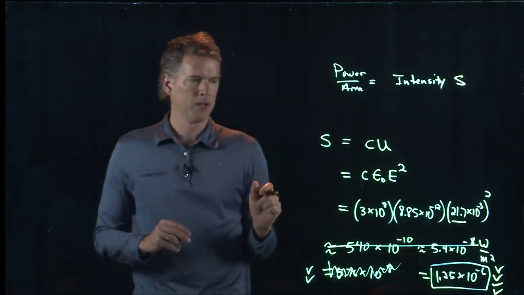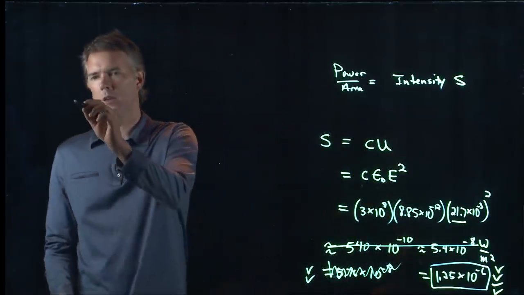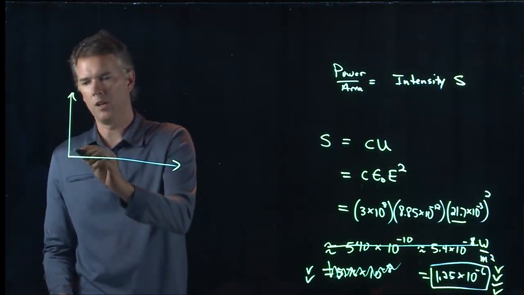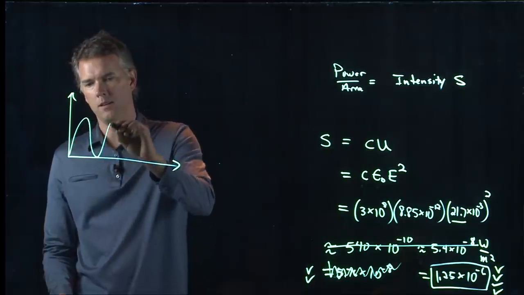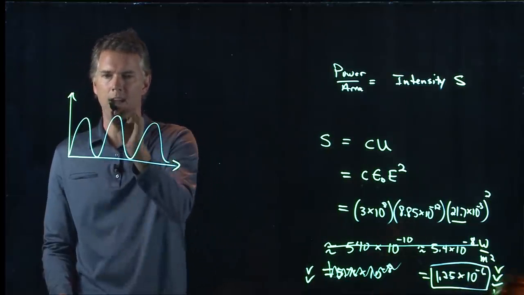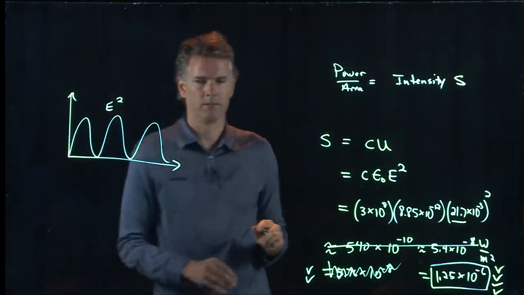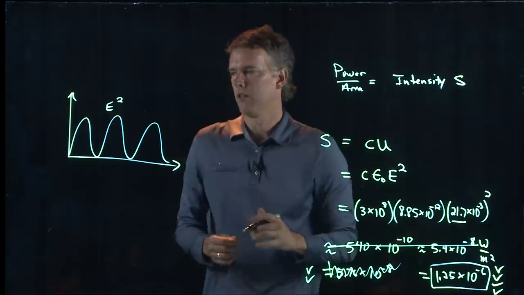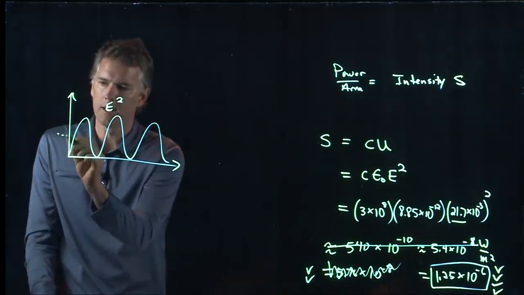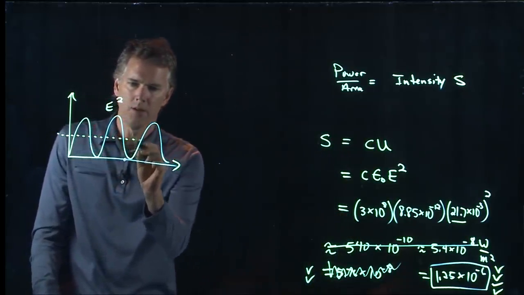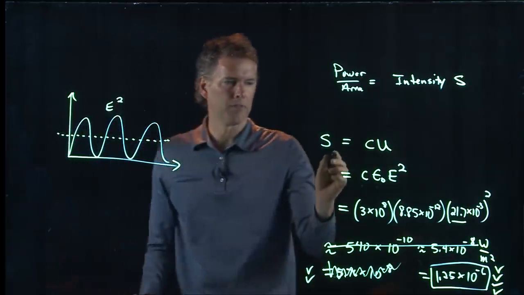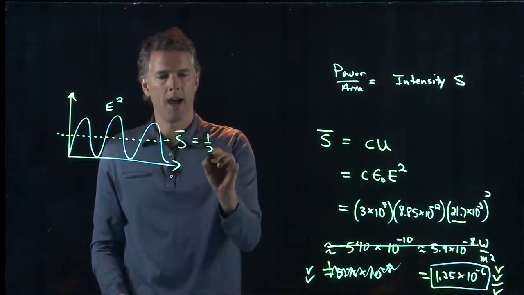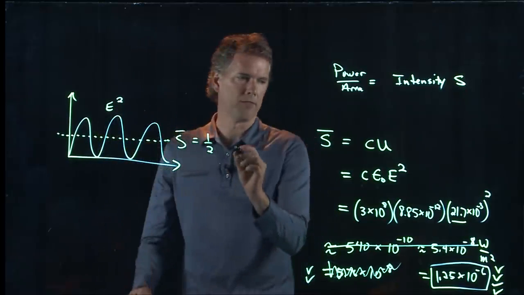But we have to be a little bit careful because when we think about E squared, what's it going to look like? It's in fact going to look like that, right? It's a positive number. It's going to go up this high. And so when we are calculating the average S bar, we need to calculate a half of the maximum.